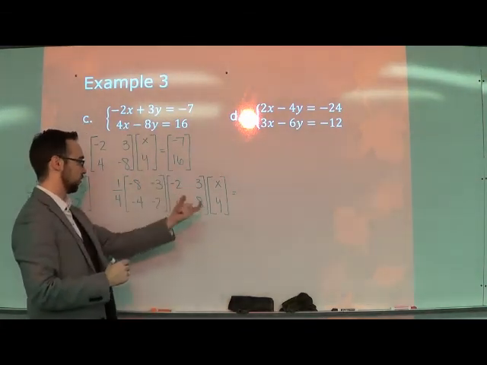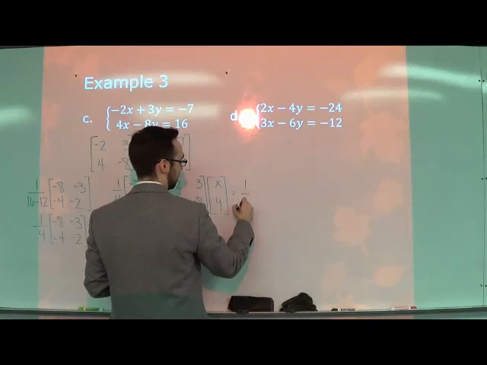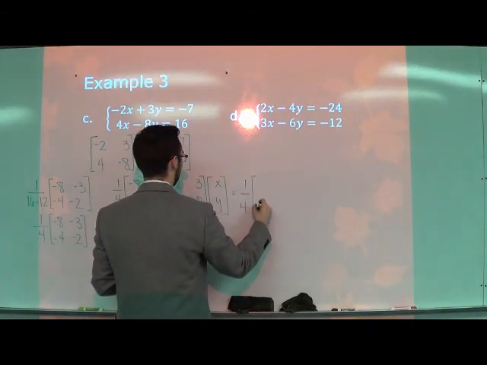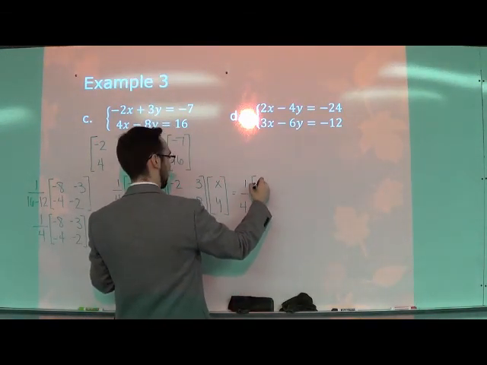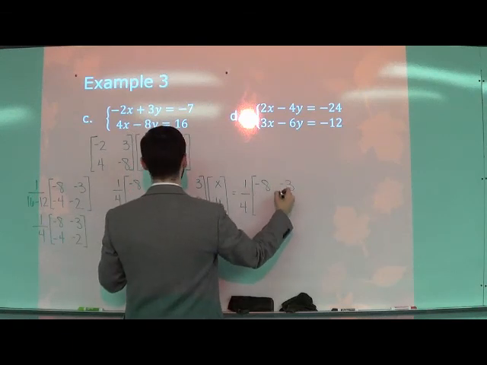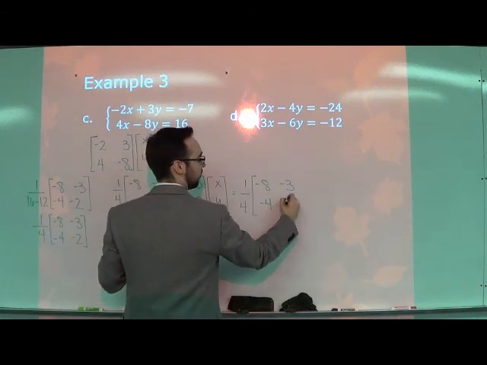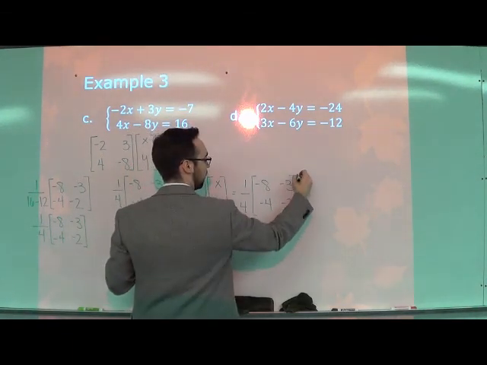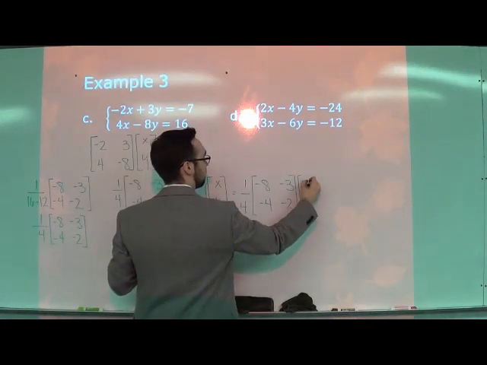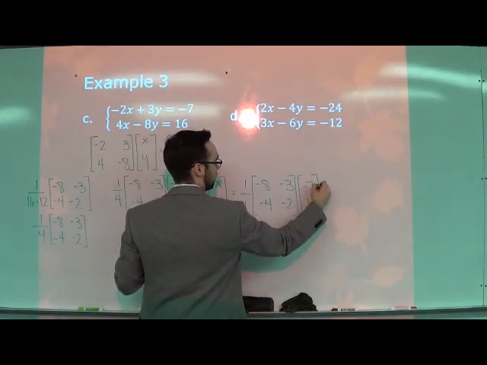So now we're multiplying the inverse first on the other side. It has to go first so that the dimensions match up. So then we have negative 8, negative 3, negative 4, and negative 2 times the answers we had, which are negative 7 and 16.